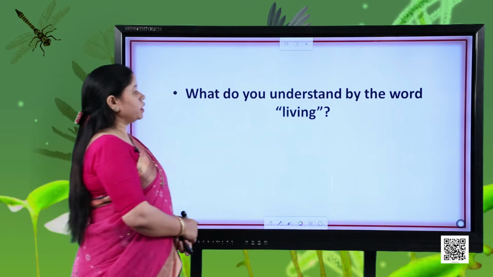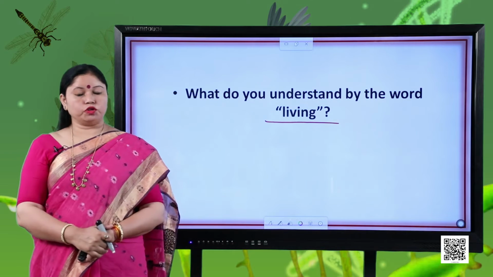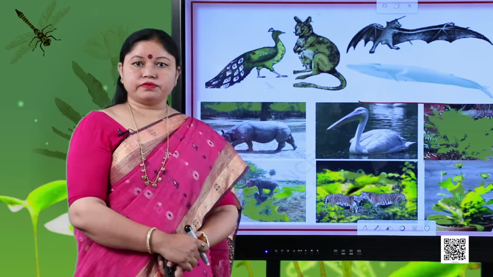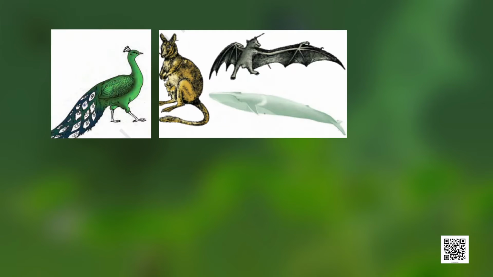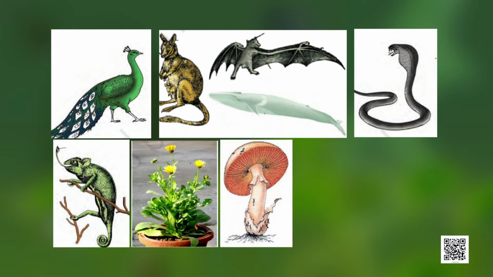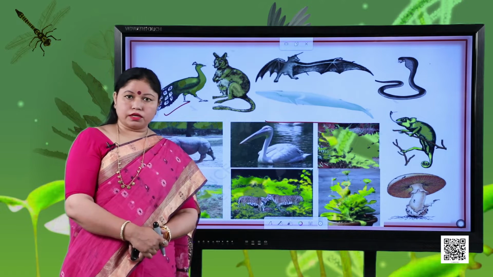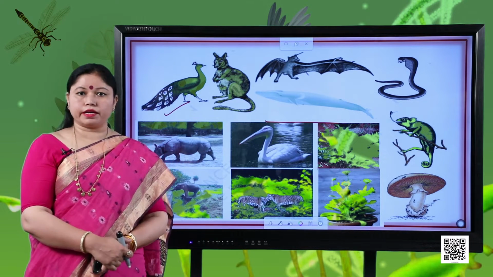What do you understand by living? What all things come into your mind when you think about living? Some of the things coming to your mind could be birds, various animals like kangaroo, snake, chameleon, fungi, plants, tiger, elephant, etc. Yes, all these are living things, or you can say they are living organisms.